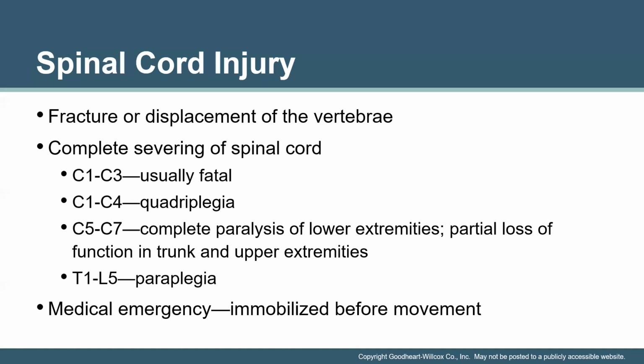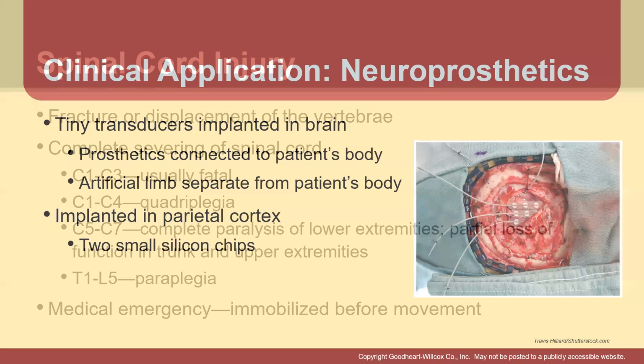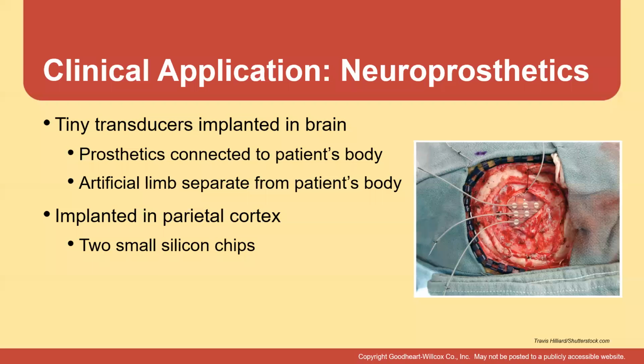If someone has gone through a trauma, immobilization is super relevant and called for in this event, just in case there is a fracture. We don't want to sever the cord. Now they are doing transplants of prosthetics.